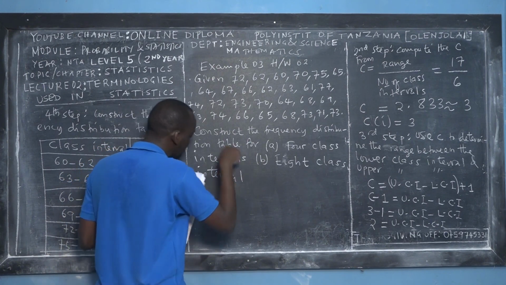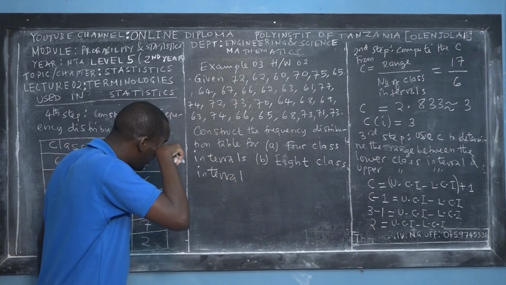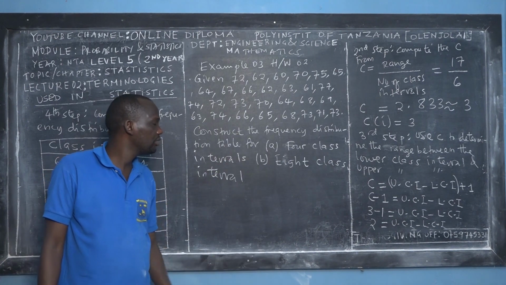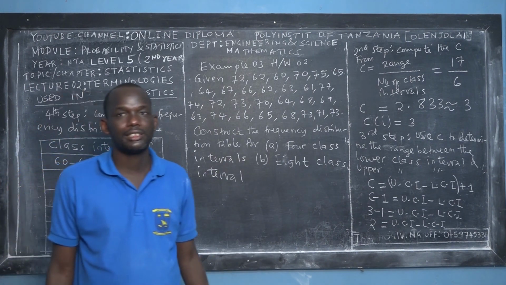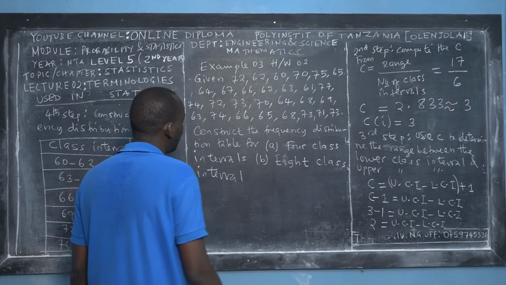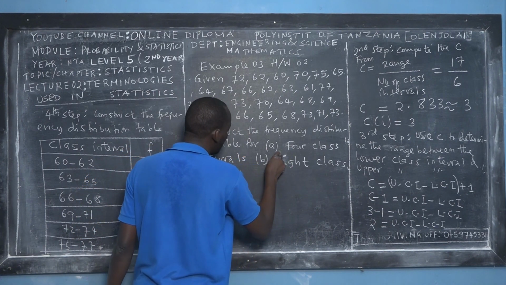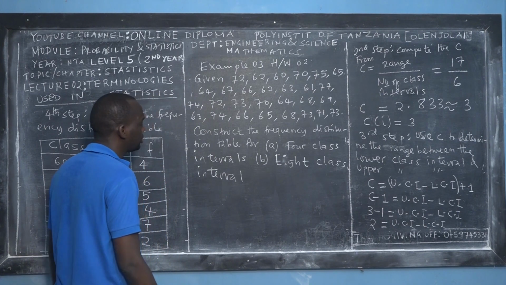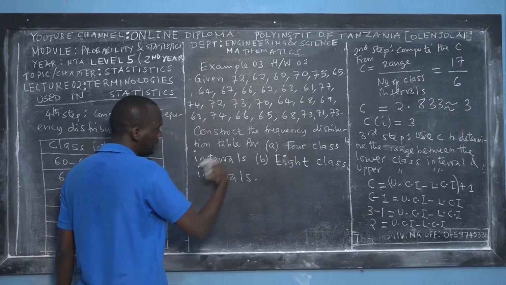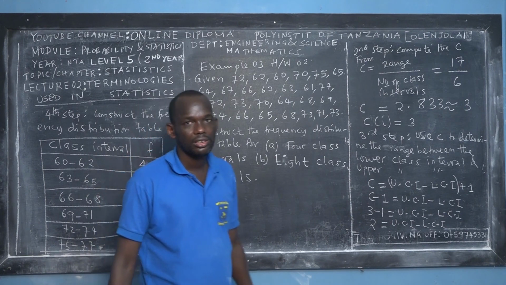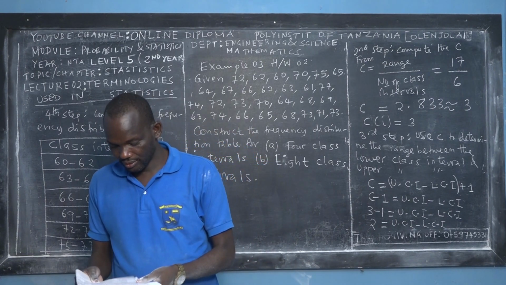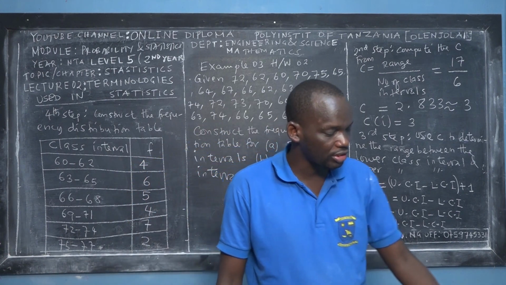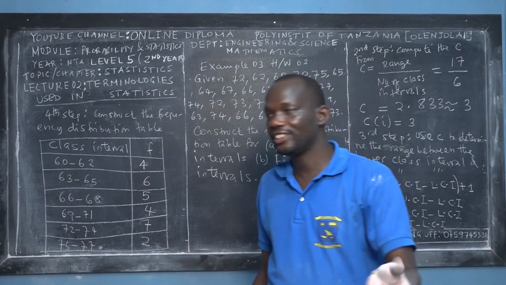So we'll be given the same data, but now in A the class intervals have been reduced from 6 to 4 class intervals, and in B we have added 2 class intervals from 6 to 8 class intervals. So I believe that if you've understood the contents that I've been teaching, these questions will be very simple, and you will solve them before you join me in lecture 3.